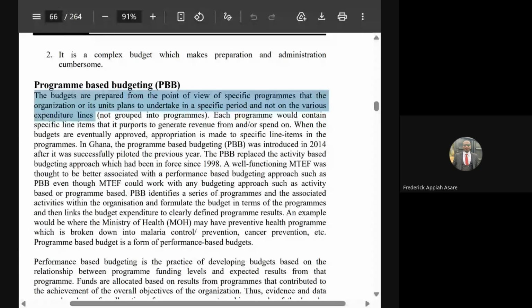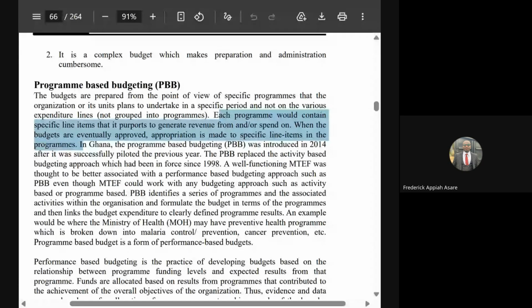So each program would contain specific line items that it is meant to generate revenue from or spend on.